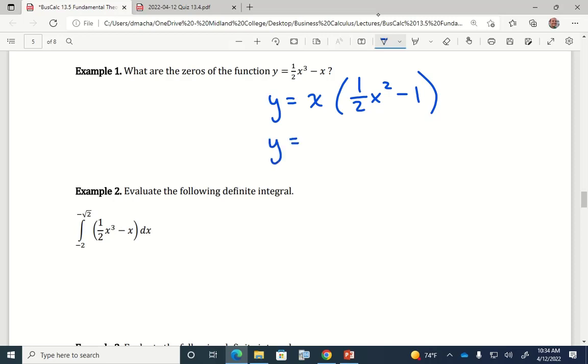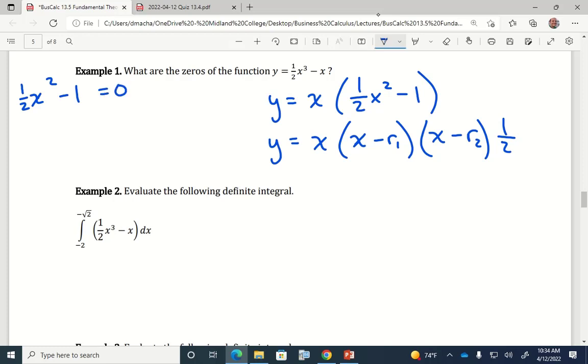And I know, based on just algebra, that I could write this as x minus one of the roots times x minus another root times 1/2. And if I'm trying to find the roots of a polynomial, I can just write that polynomial equals 0 and then try to solve this equation, right?